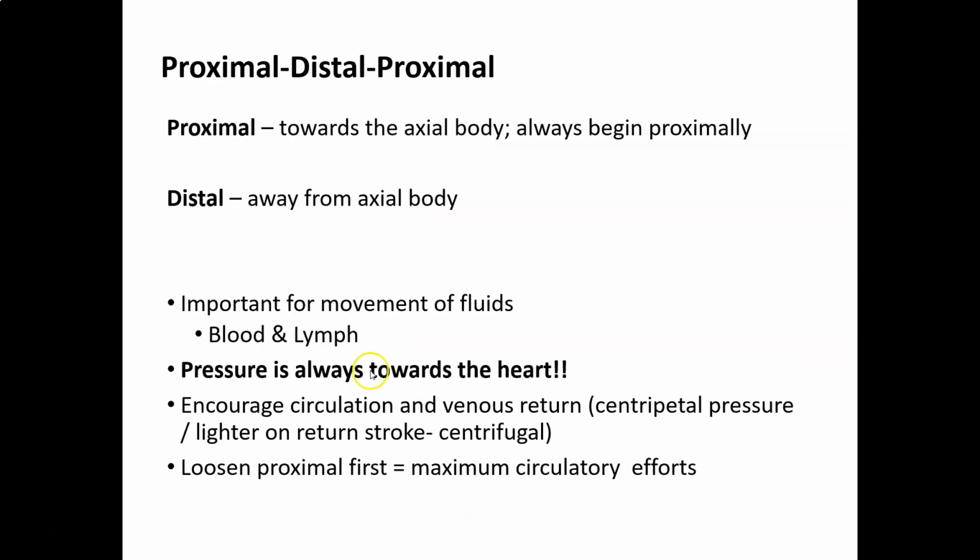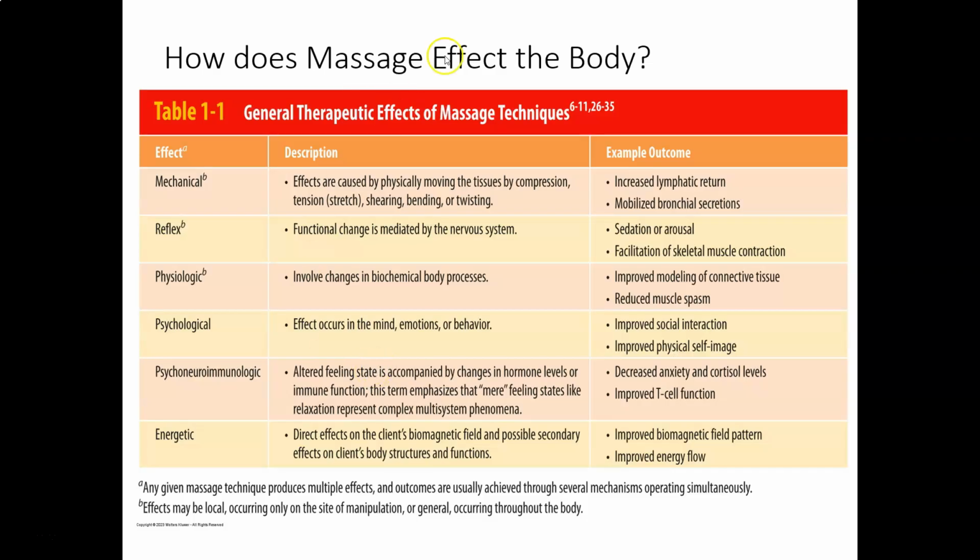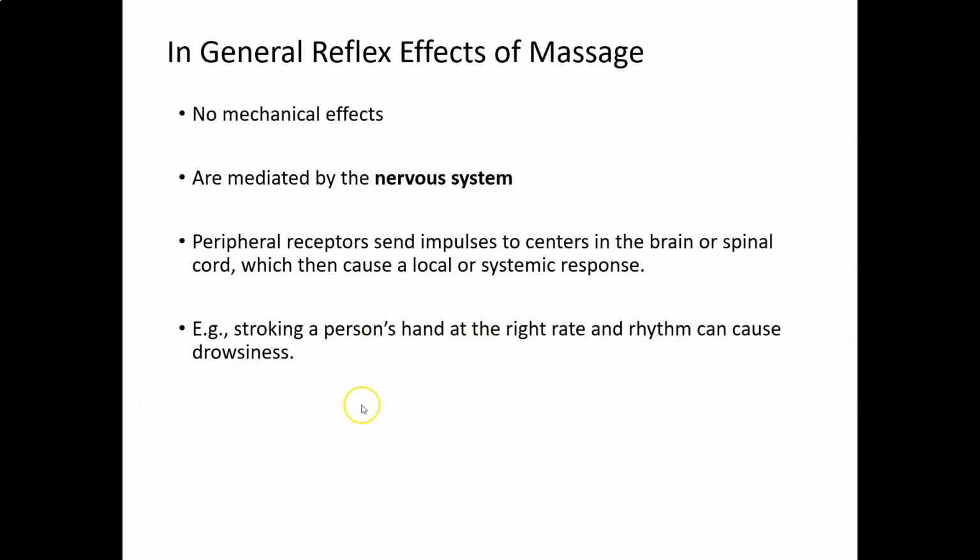So when we look at these principles, we have to understand what we're doing. When we're looking at techniques, we have to understand the kind of effects they have on the body. In general, reflex effects of massage are not mechanical. We have a nervous system that is stimulated, for relaxation and so forth.